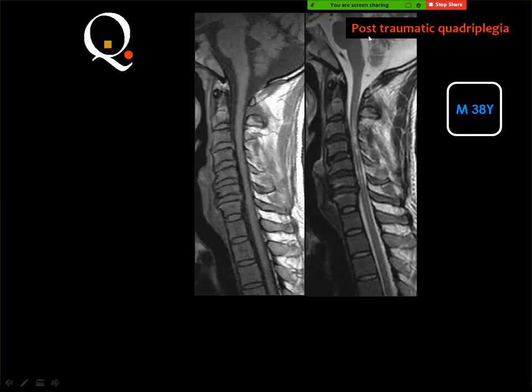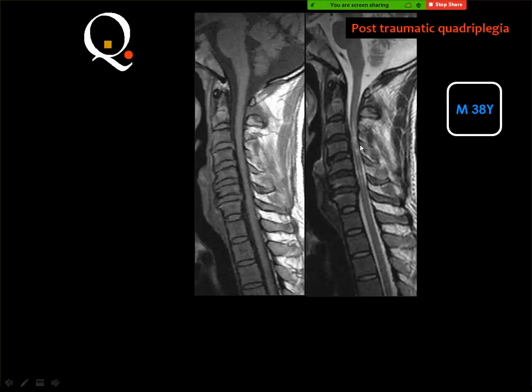This patient had post-traumatic quadriplegia. So it looks like a fracture. Where? C6, yes. Then, if you look carefully here, you can see that this vertebral height is reduced. Also C5 has reduction in its height, together with abnormalities in the substance of the cord.